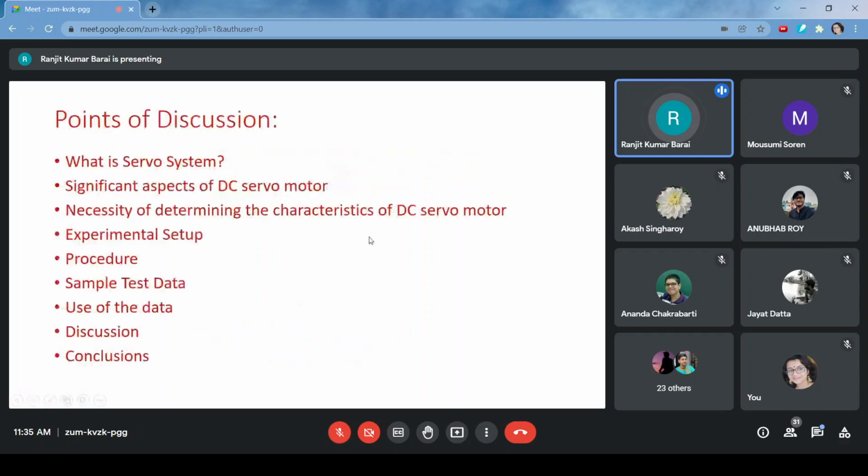So the points of discussion are: what is a servo system, significant aspects of the DC servo motor, the necessity of this experiment, experimental setup, procedure, and some sample data.